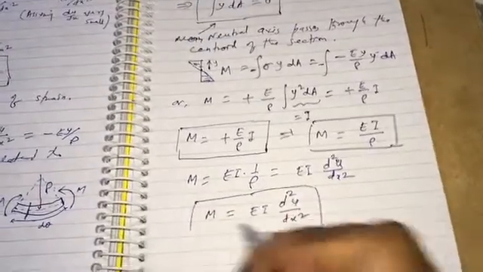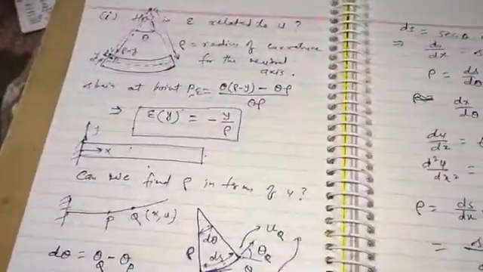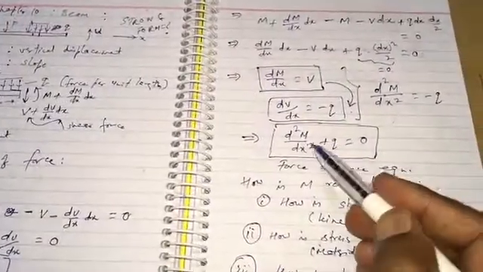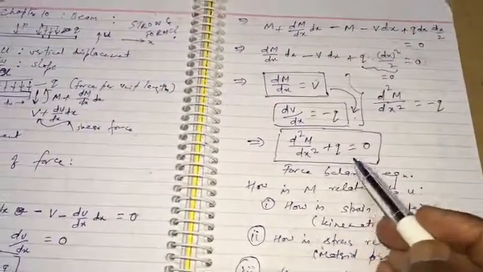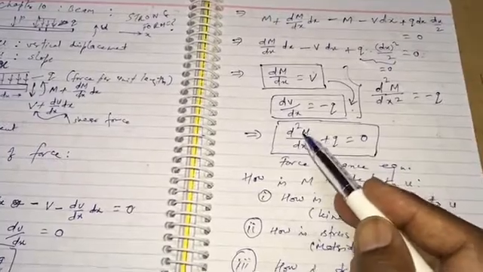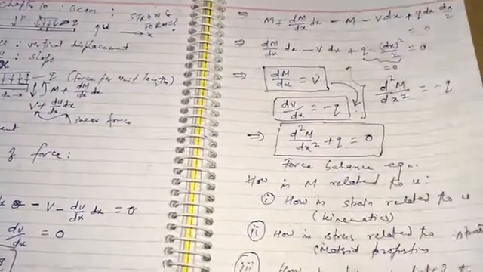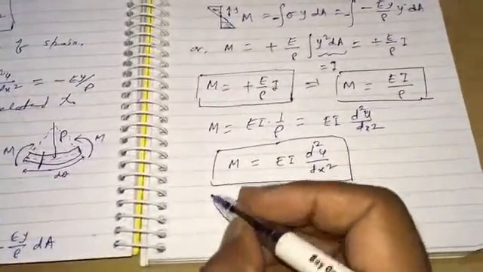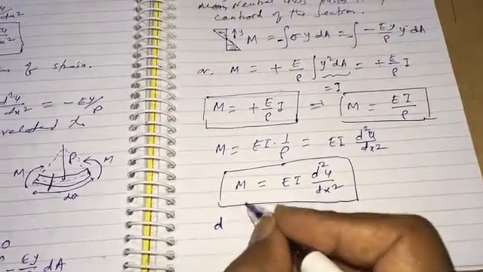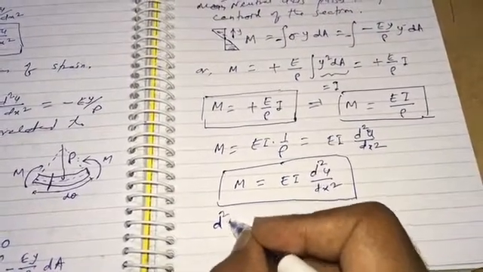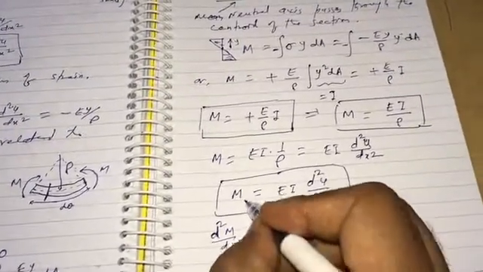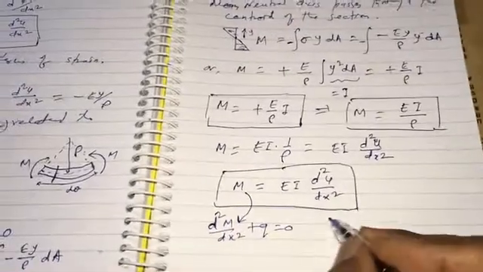Not to forget our original equation. Our original equation after force balancing was d squared M over dx squared plus q equal to 0, where M is the bending moment. Now we have got M in terms of u, so we will put that value in.